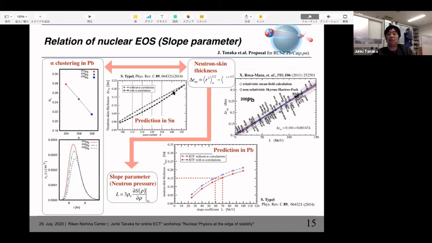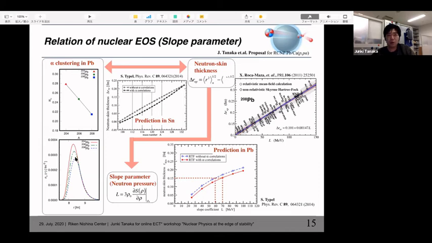This was originally calculated in tin isotopes, but the same thing is expected for lead isotopes. These figures show the formation of alpha clusters in lead isotopes, lead-204 to lead-208. This is the formation amplitude for 204 to 208.